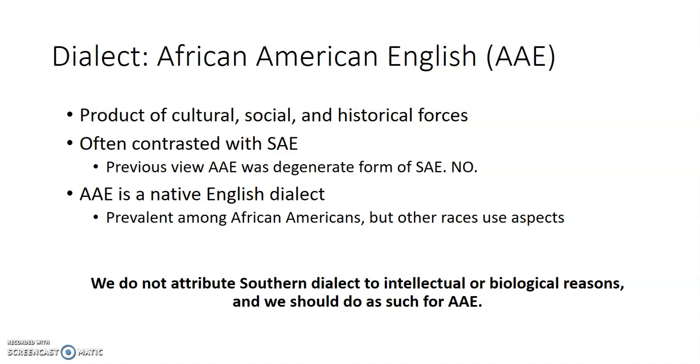When we talk about African American English, we have to understand, as we go back to the comparison between Standard American English and African American English, that we do not associate the intellectual ability of somebody with an African American English dialect, just as we wouldn't with a Southern dialect or a Northwestern dialect. They all have different words. They all have different underlying language domains and systems. And it has absolutely nothing to do with the person's intellectual abilities.